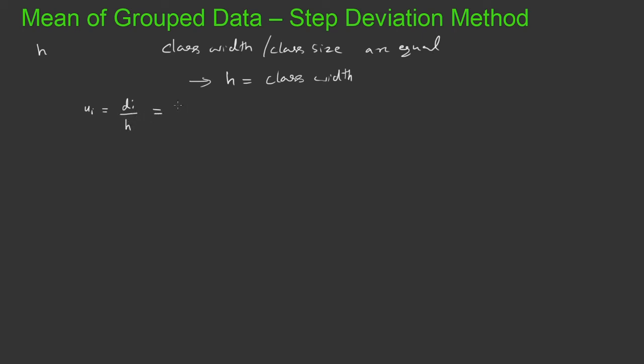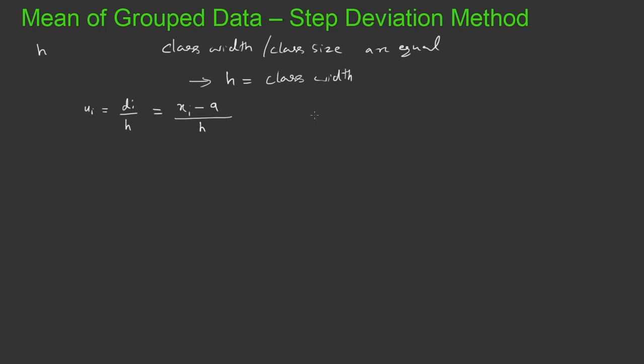I know di is xi minus a, therefore ui can also be written as xi minus a divided by h, where di is the deviation, a is the assumed mean, and h is a suitable divisor, commonly the class width if class size is equal.